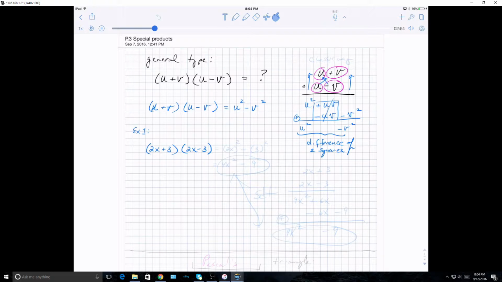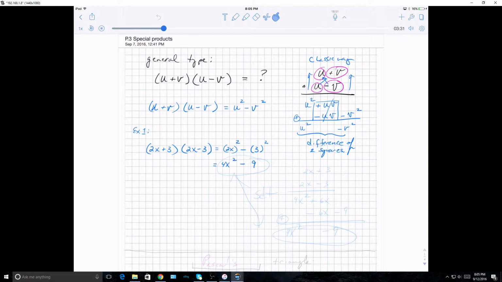Well, if we do it all out the classic way, we can prove this, but all we have to do is realize that we're going to square the first, so that would be 2x squared, and then we square the second. Either way you look at it, it's a 3, positive or negative, so we can just square that. And then the sign is always going to be a difference. So this looks like it's going to be 4x squared minus 9.